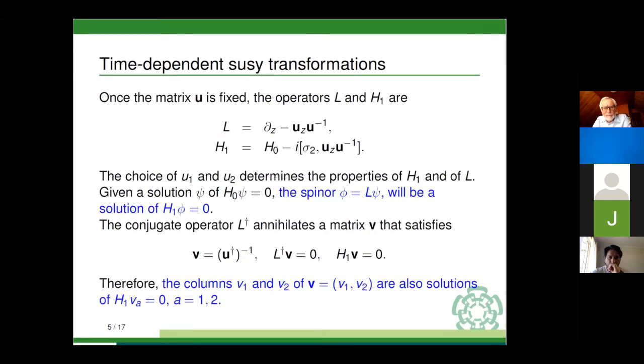Next we are able to construct the intertwining operator L and the new system.